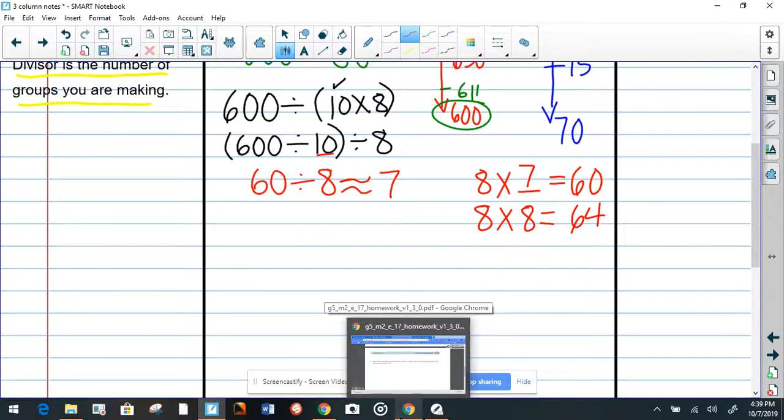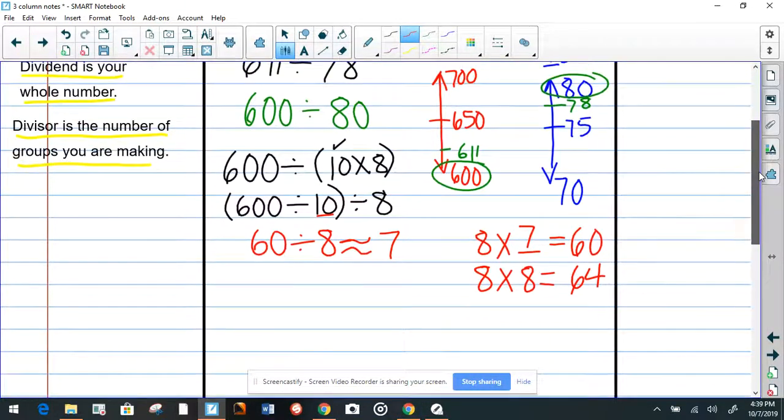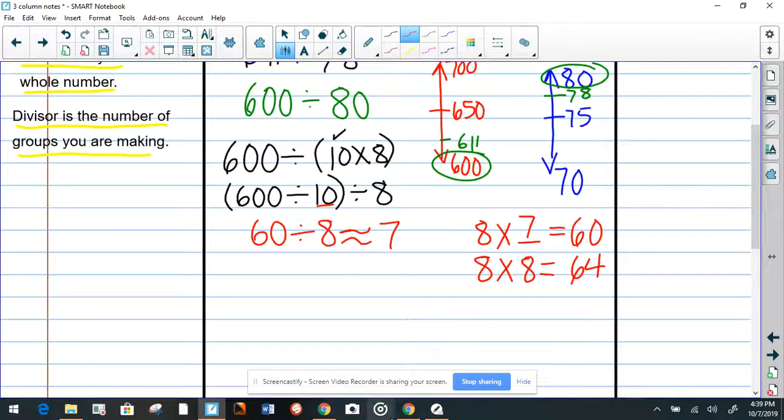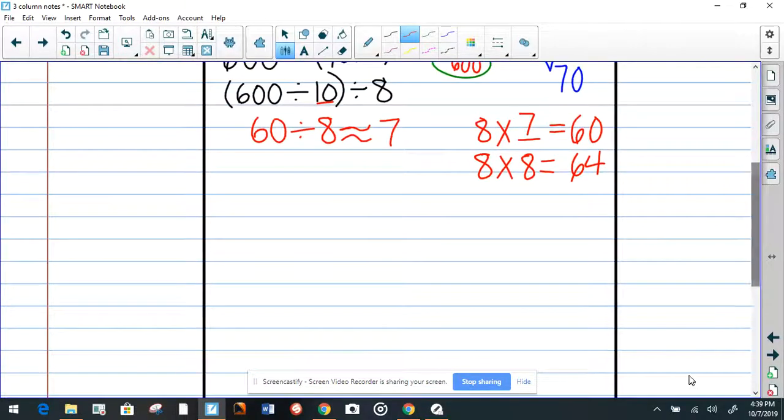That's one way. Another way would be if you want to be a little more accurate. When you round this number, let me show you.